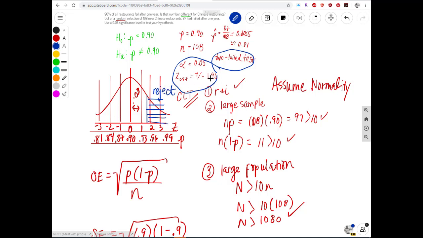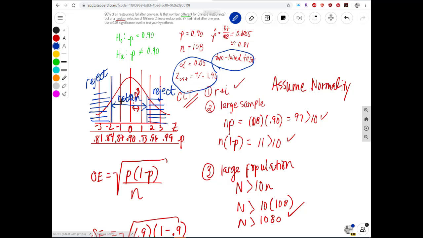The other tail is also going to need to be marked, and it's going to be marked in a symmetrical way. So it's going to go right over here at negative 1.96. And so everything less than that is also going to be an area of rejection. This is going to be the area of retention.